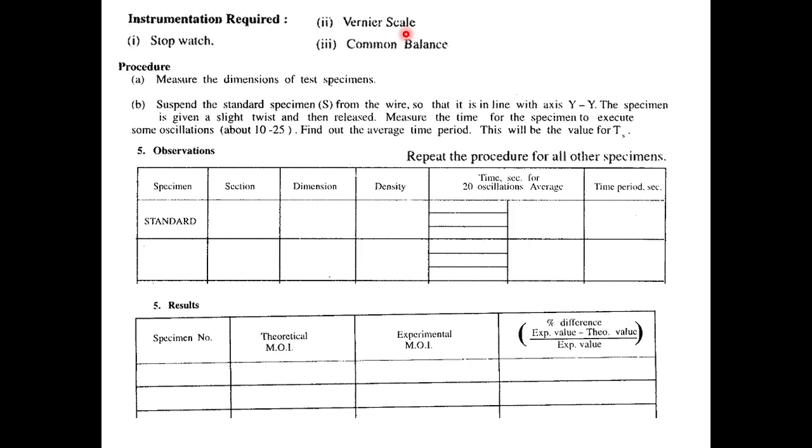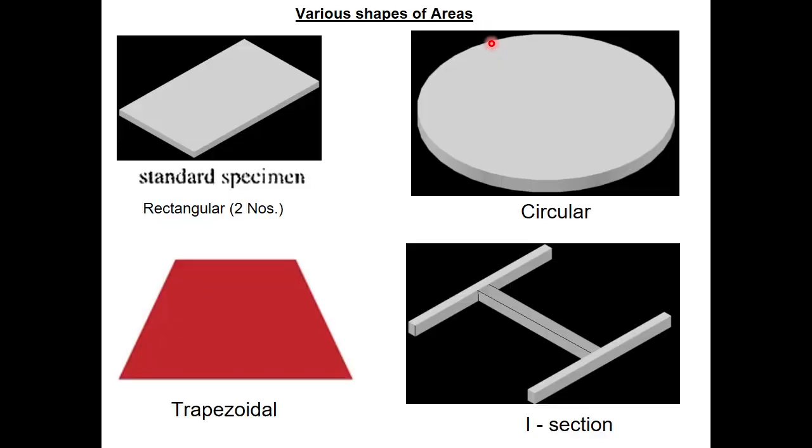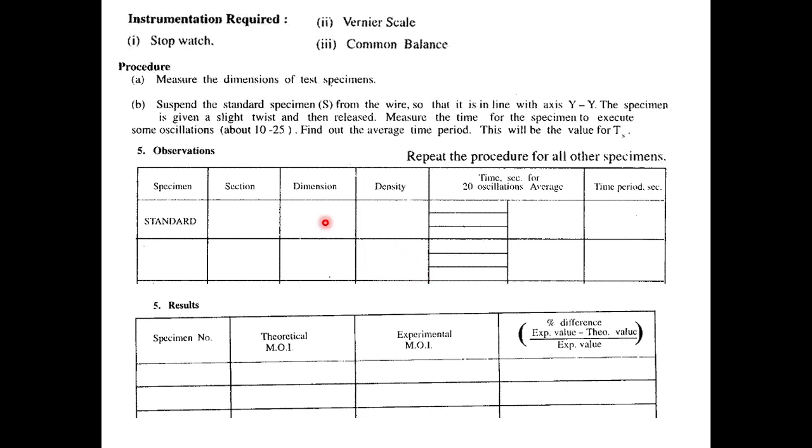So this diameter, the thickness, here the width and the length. Here again some more dimensions are needed. Okay. So these dimensions you will note. The density, this is also required. We need to find out the density.